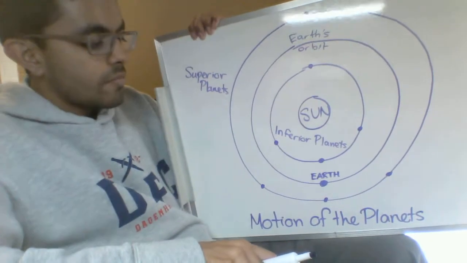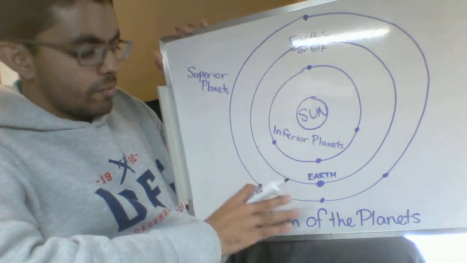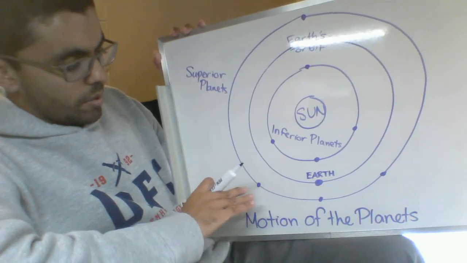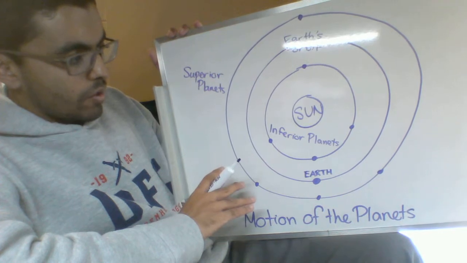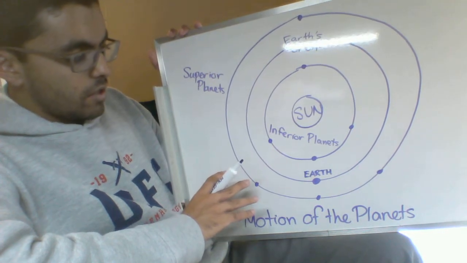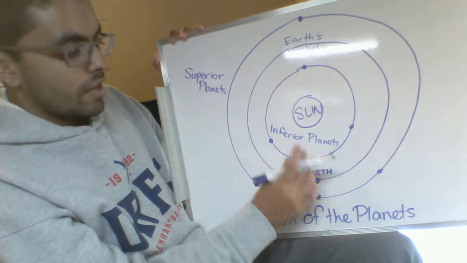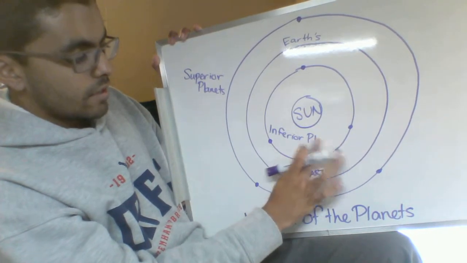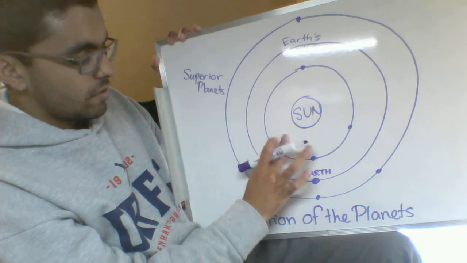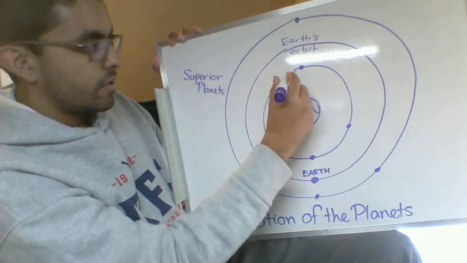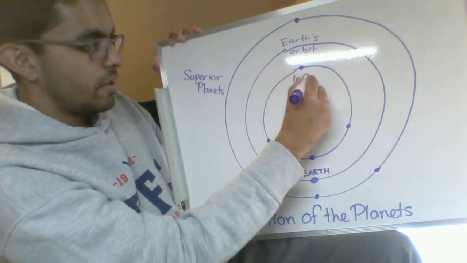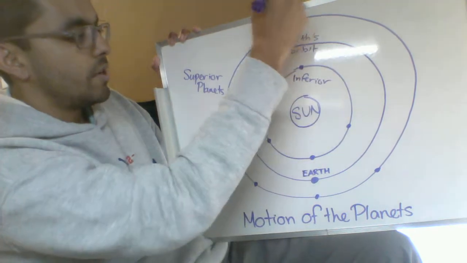Now, there are a few different positions that I want to talk about here with the motion of the planets. So let's start with the inferior planets. Inferior is here, and superior is out there.